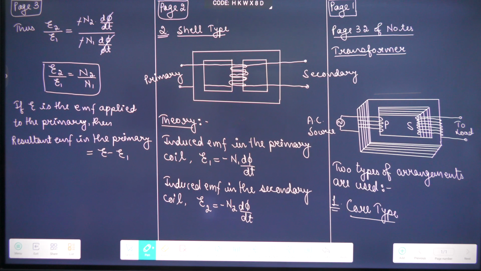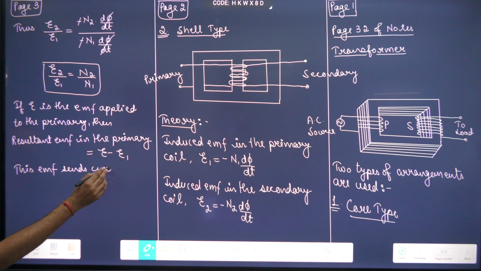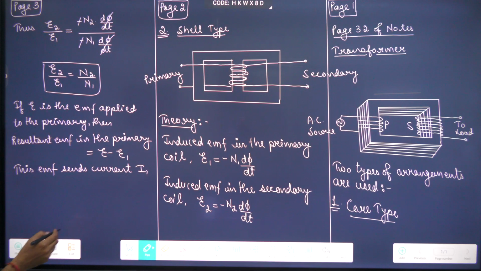This EMF sends current I1 through the primary.